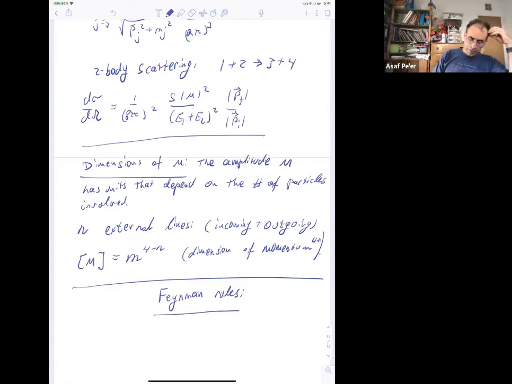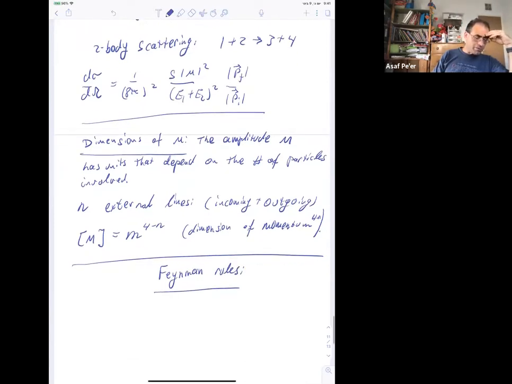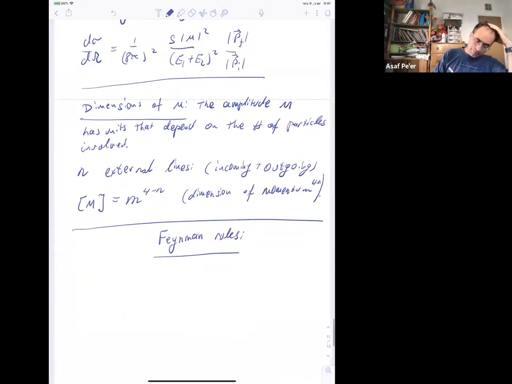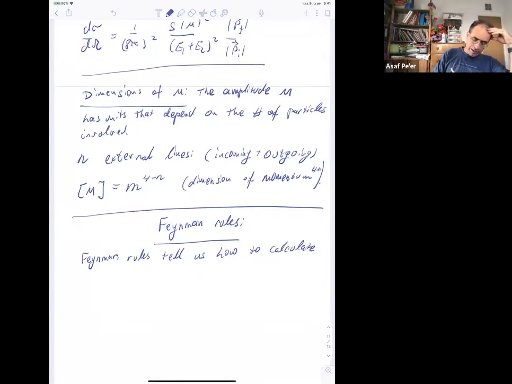So Feynman rules tell us how to calculate the amplitude M given a model.